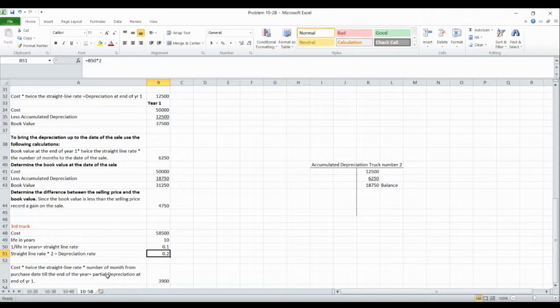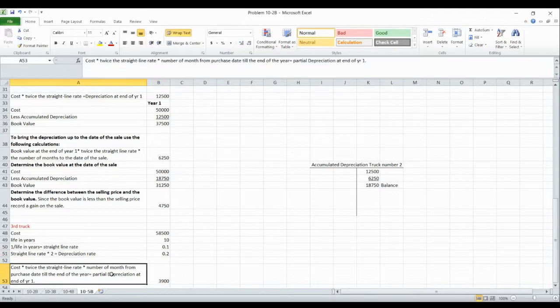To find the depreciation, we would take the cost of the asset, which is equal to the book value in year one when you're using the declining balance method. The cost was $58,500. We would multiply that by twice the straight line rate of 20%, and that would give you the annual depreciation. But because we have not held that new truck for an entire year, we cannot depreciate annually.